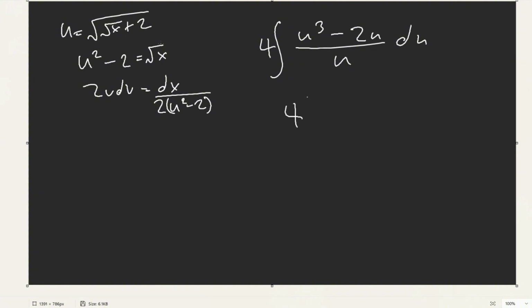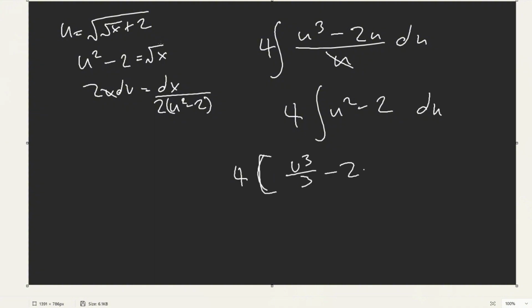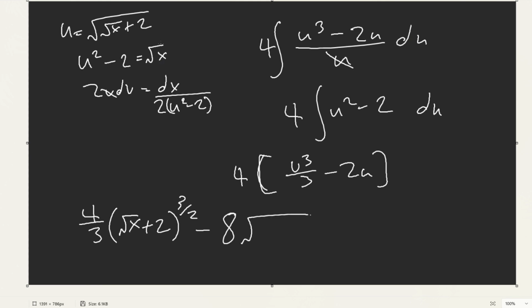Oh, that's actually kind of nice, because this and this cancel out, and we just have u squared minus 2. Wow. So we have u cubed minus 2u, and now our answer is 4/3 of u to the 3/2, where u is the square root of x plus 2, and then minus 8 of u, which is like this.